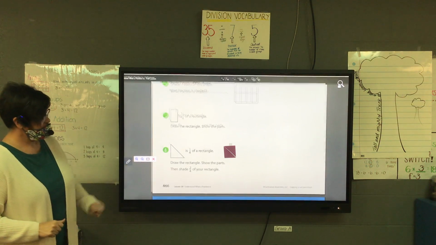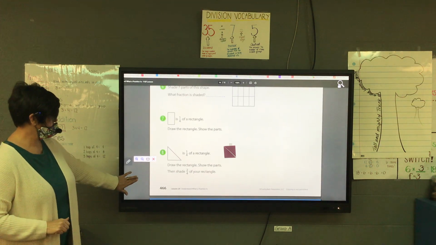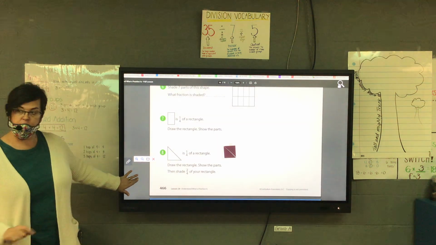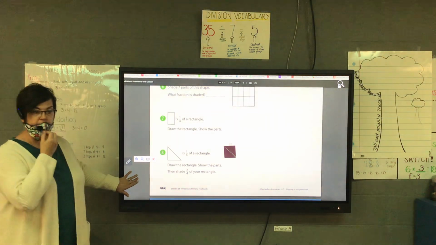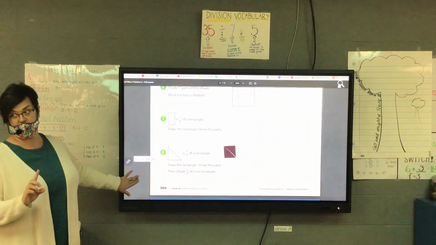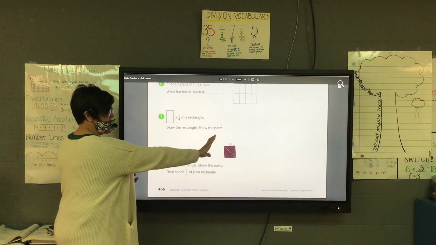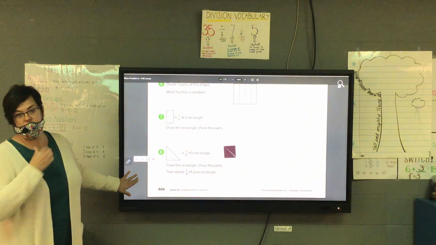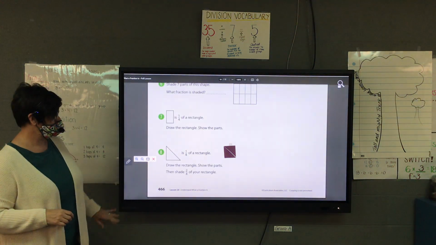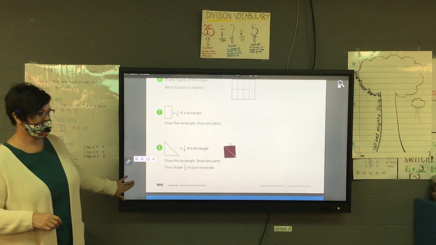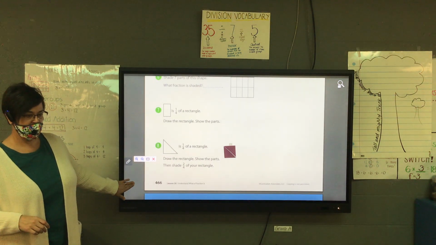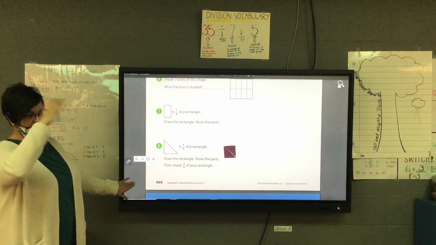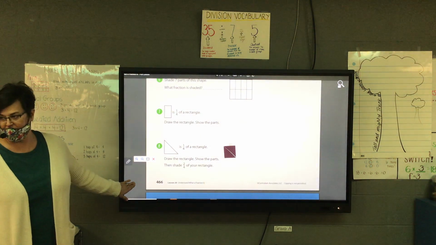It thinks that something's touching it. So clever. All right. So you're going to draw the rectangle. Are we done? Did we draw our rectangle yet? No, we're only part way there. After you finish drawing those parts and you show those parts, then you're going to shade 2/4 of it. Okay? So clever. Why don't you work on this one right now so I can take that tape off of there so it's not freaking out the whole time.